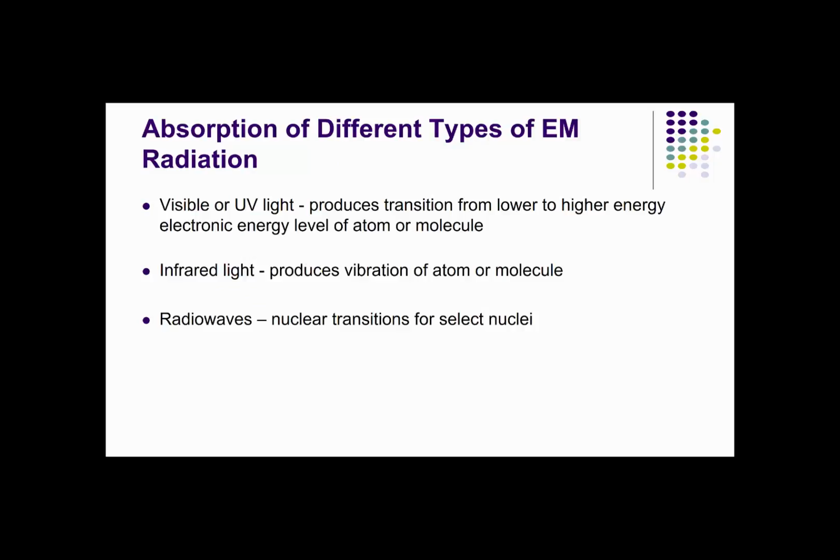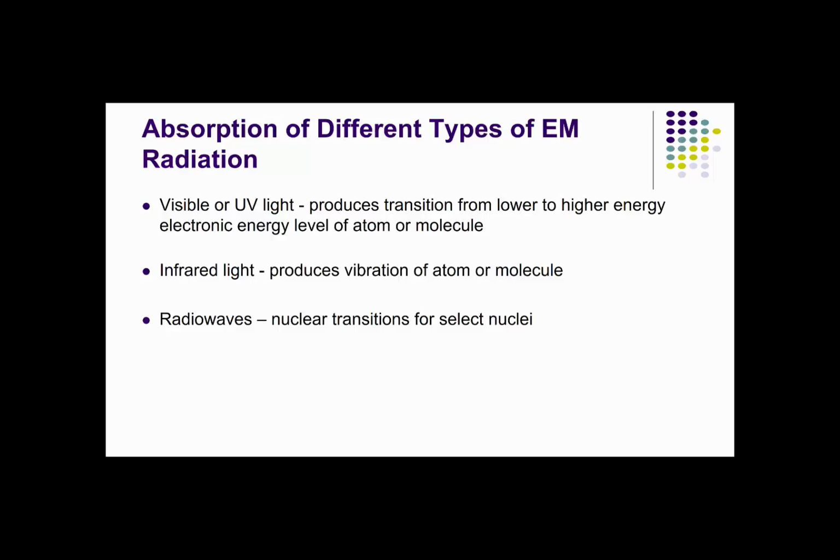It's important to keep in mind that depending on the energy of the electromagnetic radiation, the transition can produce different changes in the atom or molecule. In the ultraviolet or visible spectral range, the energy of light produces changes in the electronic configuration of the atom or molecule.